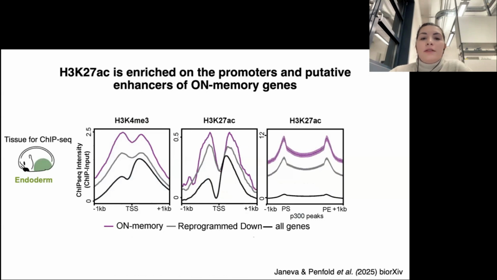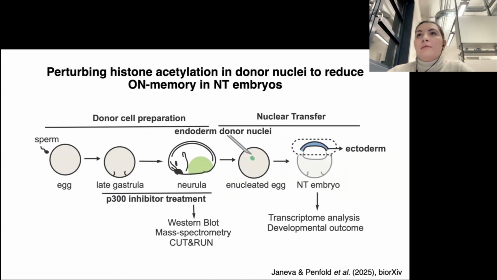Then we looked at the promoters and putative enhancers of on-memory genes in contrast to reprogrammed down genes. Similar to the previously published mark K4 trimethylation, we could observe strong enrichment on the regulatory elements of on-memory genes compared to correctly reprogrammed genes. So then we developed an experimental approach to perturb histone acetylation in donor embryos before nuclear transfer.